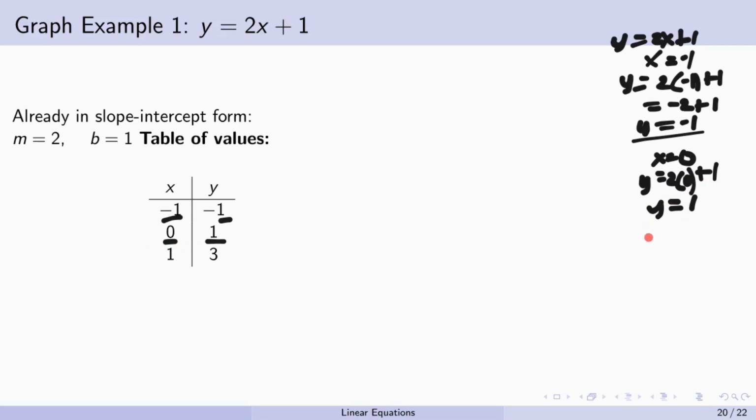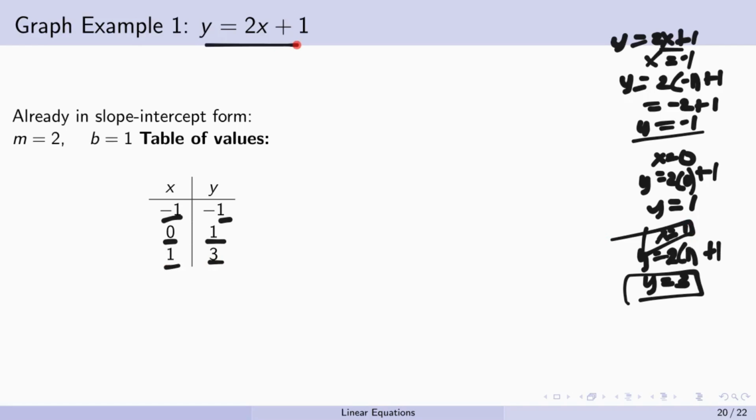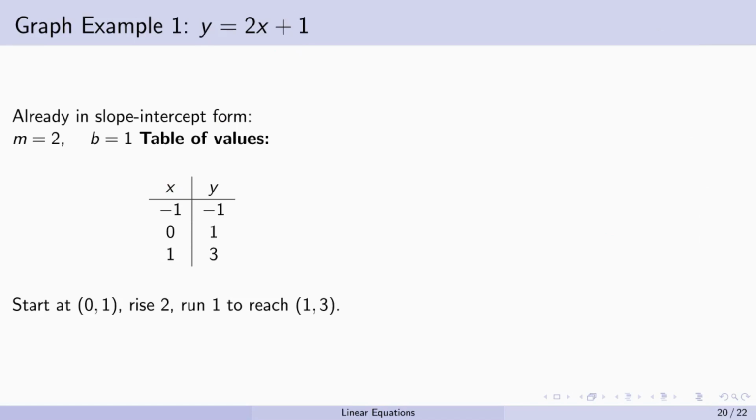If x is equal to 1, then y is equal to 2x plus 1, which gives us 2 times 1 plus 1, which is equal to 3. Therefore we have 1, comma 3. These are some of the values that we can represent in the graph of this equation. Now we can continue with the process.